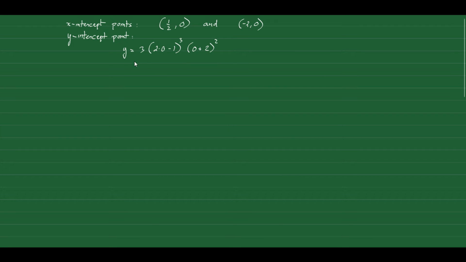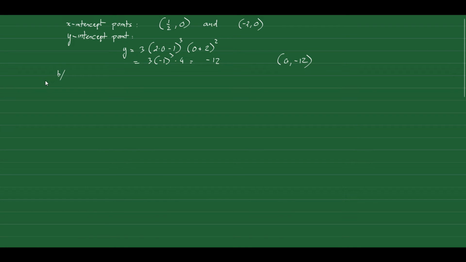Now we calculate: -1 raised to the third, 2 squared is 4, -3 times 4 is -12. So the y-intercept point will be (0, -12). There you go. Very easy. That's part A.